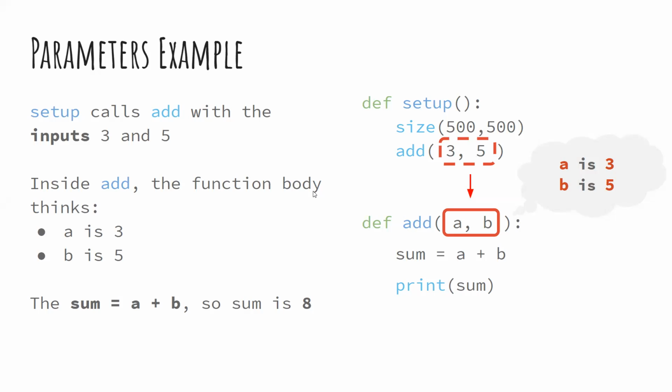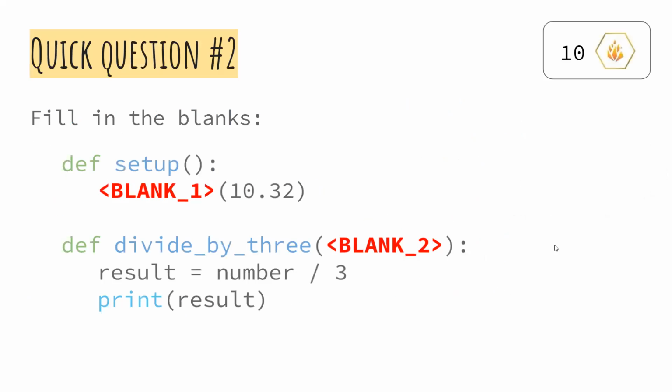So a over here right now is 3, and the second variable is b. So 5 over here is the current value of b. So a is 3, b is 5. In that case, we will get the sum to be 8. So this is how the analogy works when we are calling a function with parameters.